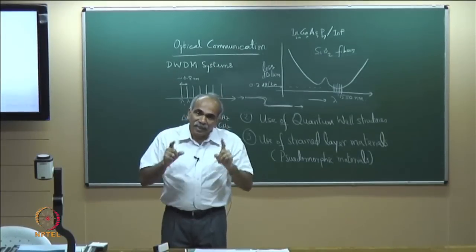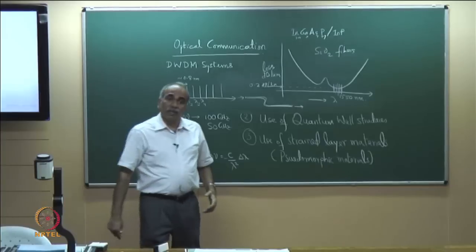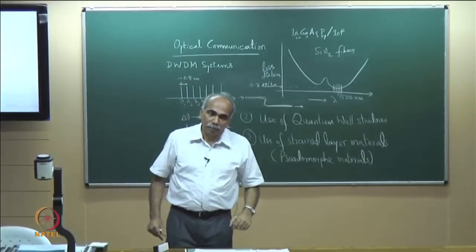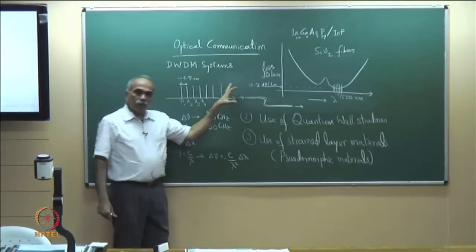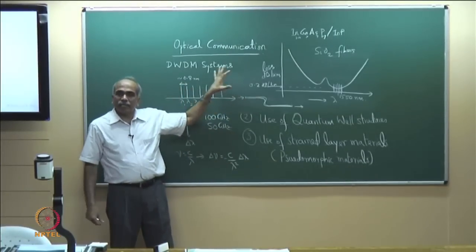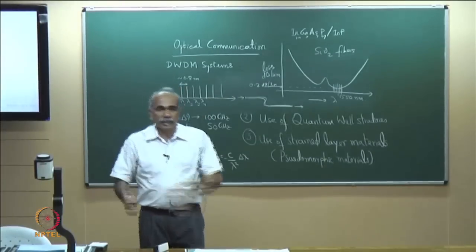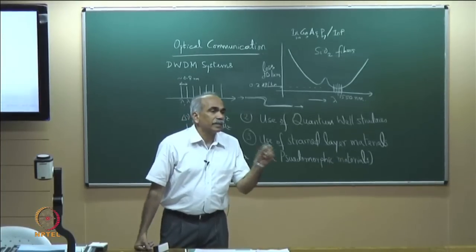But even keeping X and Y constant, it is possible to vary the band gap, and that is why the word bandgap tailoring. How does this happen? We will discuss in detail. So, the need for bandgap engineering or bandgap tailoring is to realize sources, or even detectors or certain devices, with a specific wavelength response.